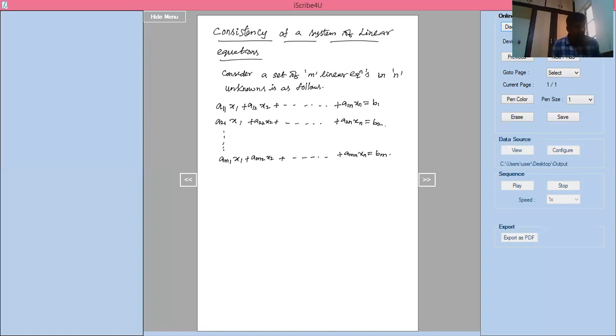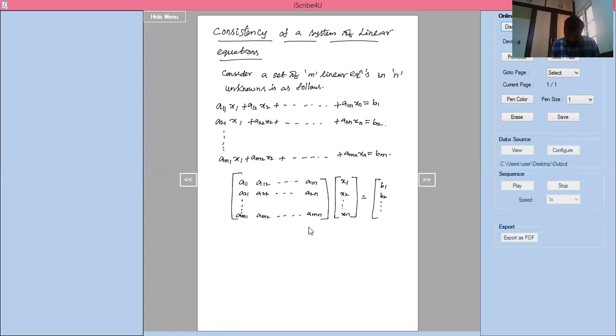Now here b1, b2, b3 are all set of all non-zero elements. This whole system of equations I can write in a matrix form like this. This is nothing but the matrix a11, a12 and so on a1n, a21, a22 and so on a2n, similarly am1, am2 and so on amn, into x1, x2 and so on xn, equal to b1, b2 and so on bm.